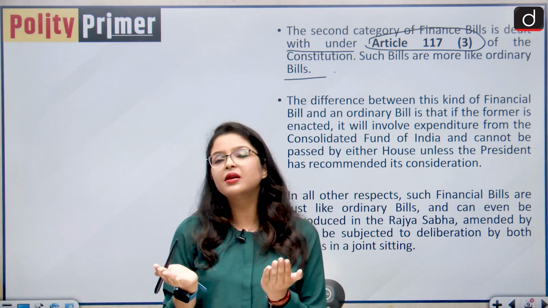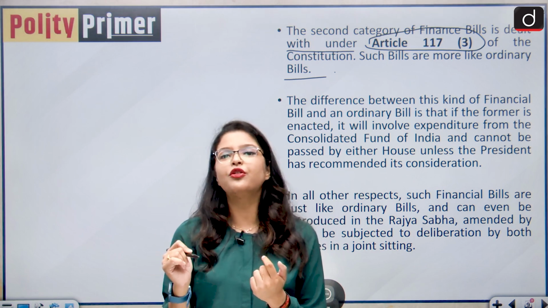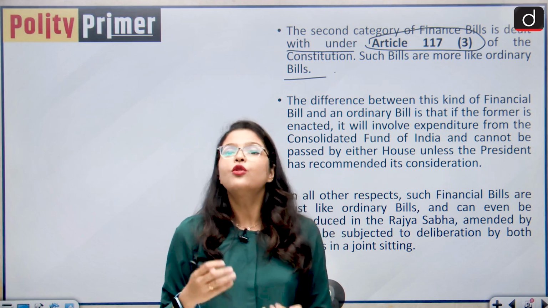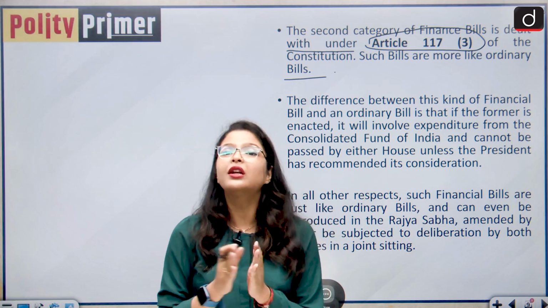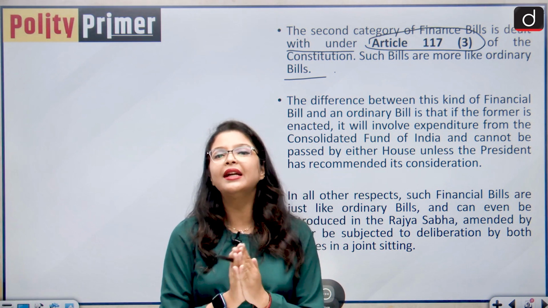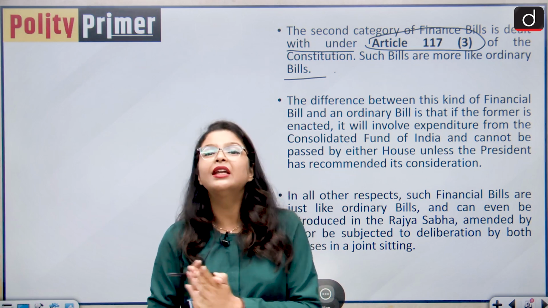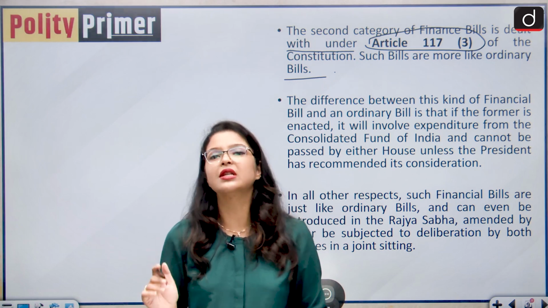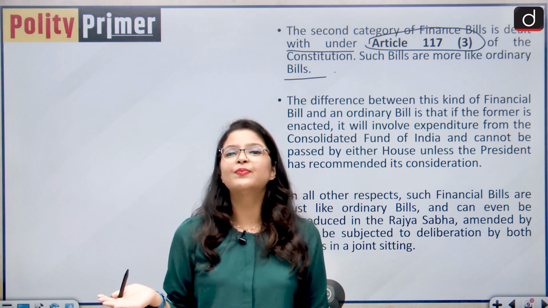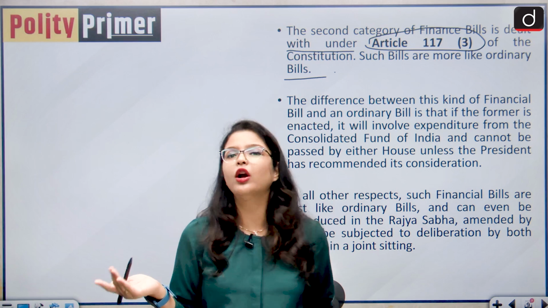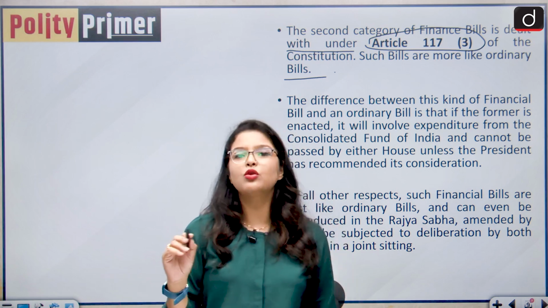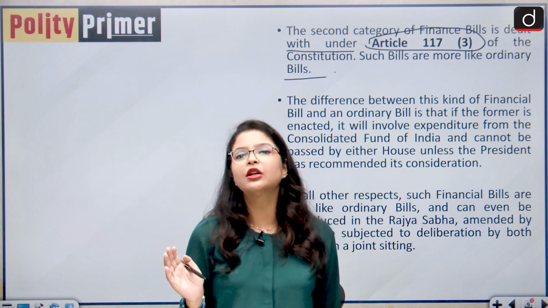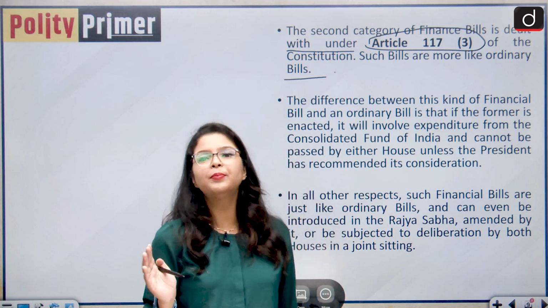So this is the major difference between financial bill of category 2, money bills and financial bills of category 1. Financial bills of category 2 do not require the president's recommendation for introduction, but they require it for consideration by the houses. And in all other aspects, they are more or less like an ordinary bill. If both houses differ in the case of financial bill 2, then a joint sitting of both the houses can be called by the president.